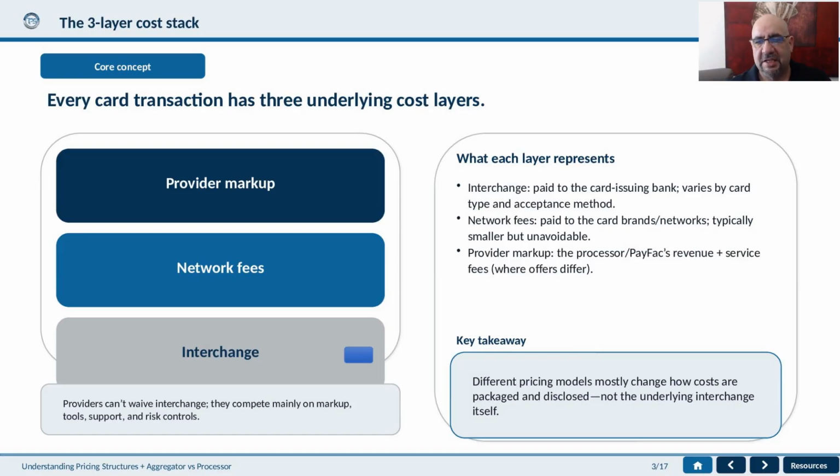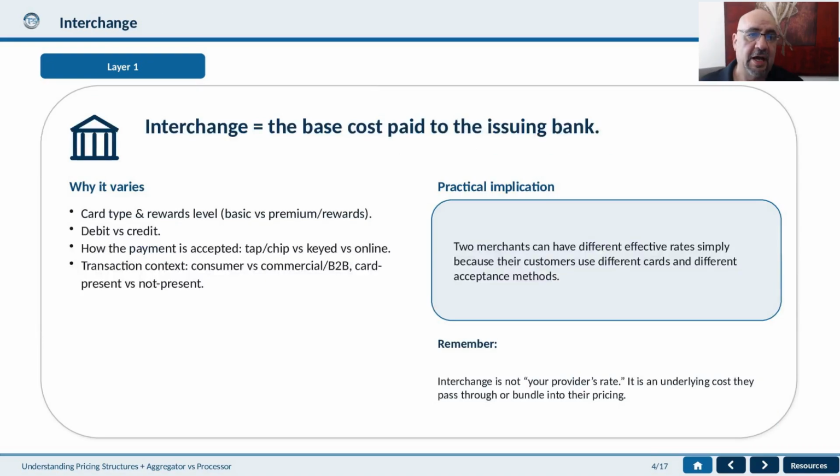Then there's provider markup and processing, facilitator revenue and service fees with others. So this would be the processor, which is us, and a facilitator is another name for Square or PayPal, also known as an aggregator, which we'll get into down the line.